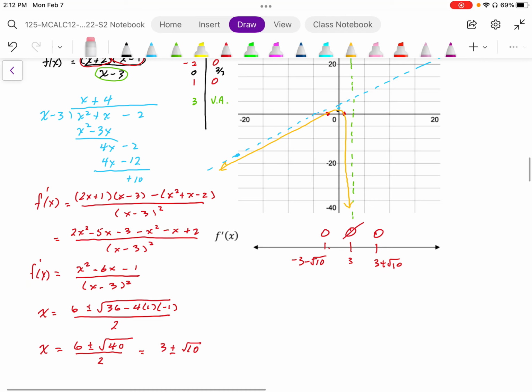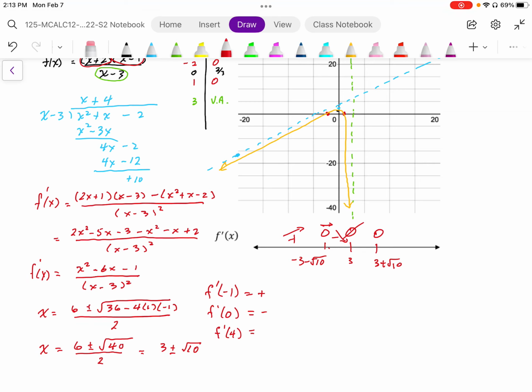We should test some points. So f prime at negative 1, we put negative 1 into that, we end up with positive slope. F prime at 0, if I plug in 0 in there, the numerator is negative, the denominator is always positive, so we end up with negative. So we have positive slope through here, 0, we have negative slope through here. F prime, we want between 3 and 6, so we're going to maybe choose 4.